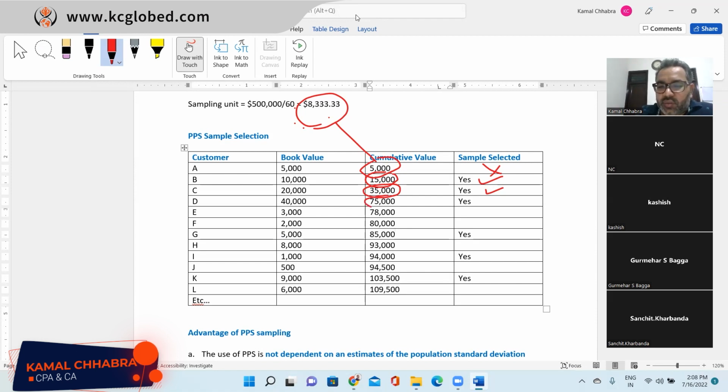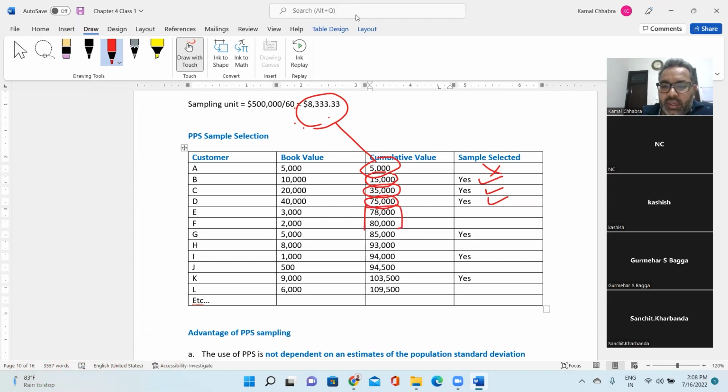So this 75,000 is above 43,000, hence this is a sample. Now 75,000 plus 833, how much is it? 83,300, right? These two are below 83,300, hence they are not samples. So basically, we will be stopping the calculation once we have reached the next level. Yes. So this 85,000 is above 83,300, hence this is selected as a sample.